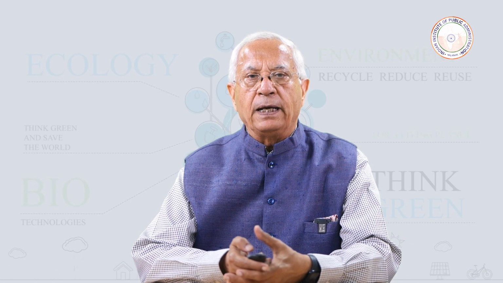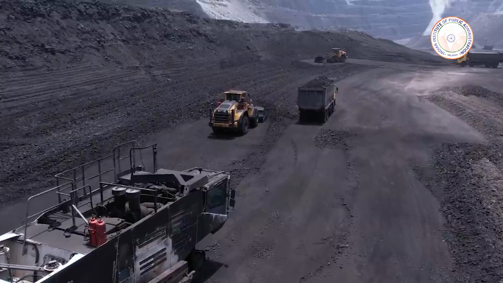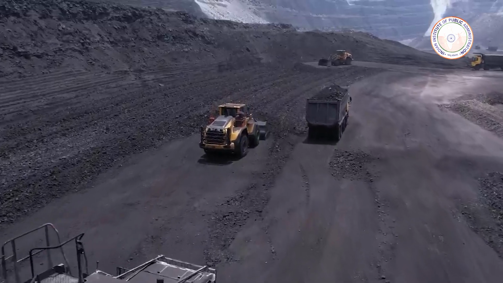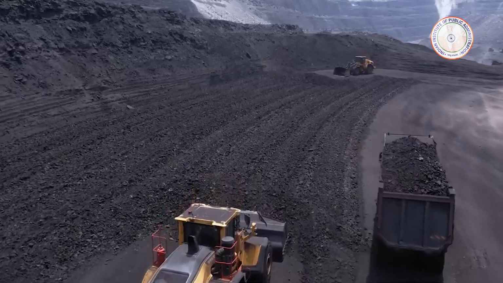Coal is formed when dead plant matter decays and is converted into peat and then into coal by heat and pressure over deep burial over millions of years. Mostly it is used in power generation and in metallurgy.